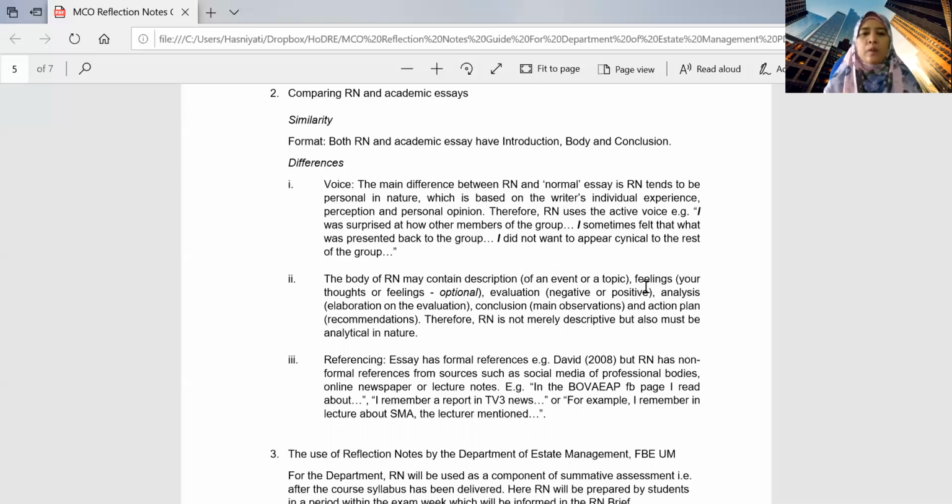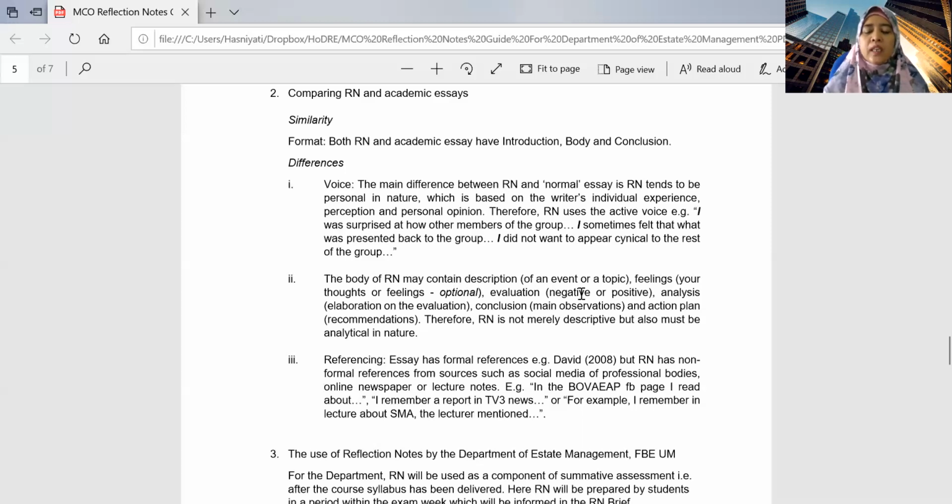I was amazed, for instance, that even though the Strata Management Act has been enforced since 2015, there is only one sub-MC. So you use writing to express your feelings. So I was surprised. I was amazed. But this is optional. The feelings are optional.